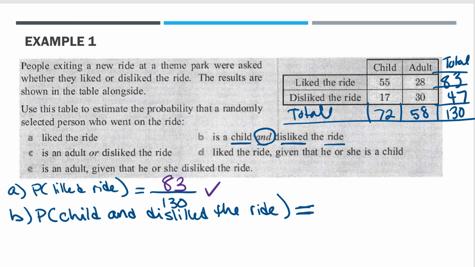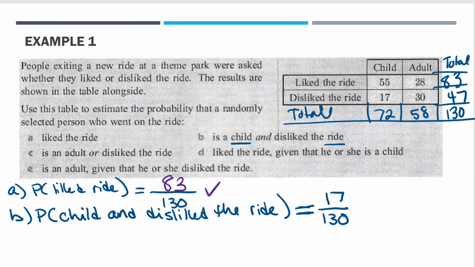Because we don't have that designation, our denominator is still 130. Our numerator is going to be that intersection of child and disliked. So if we look at our table, we look down the child column and look for disliked, and our answer is 17. So the numerator is 17. We can't simplify, so we leave it as 17 over 130.